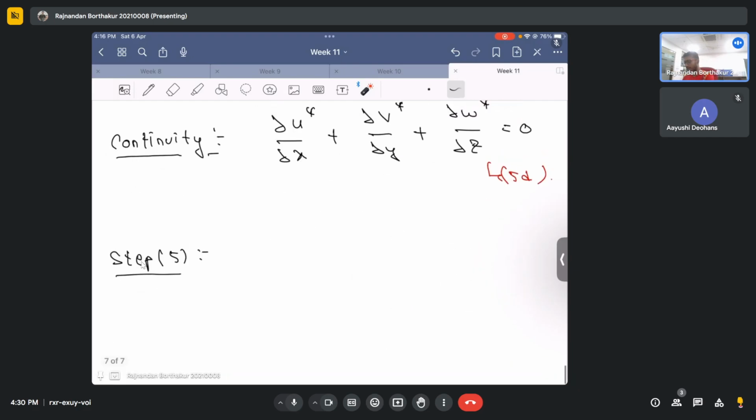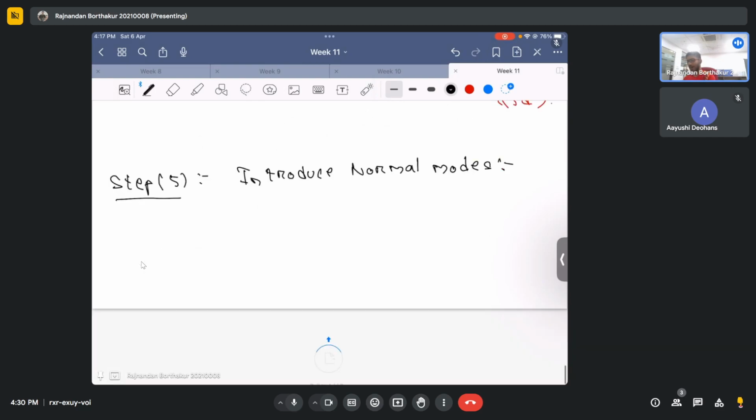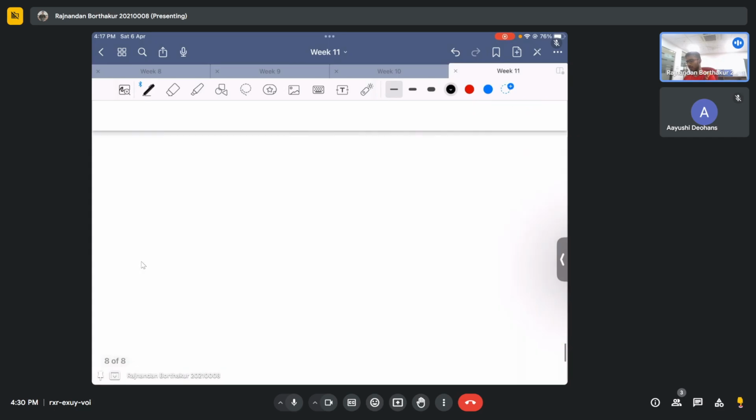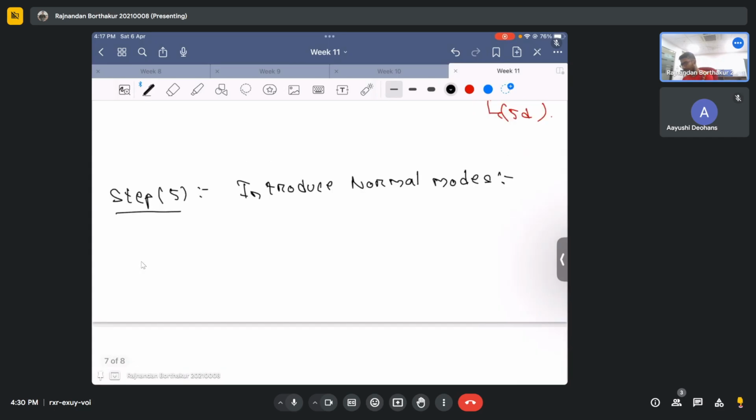So in step 5, we will introduce normal modes. Why these are normal modes you will see very shortly. Let's say u star is the disturbance velocity in the x direction.